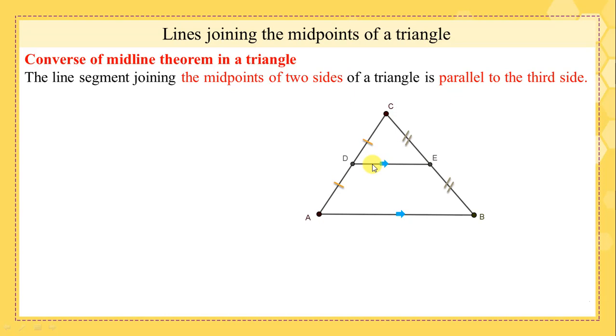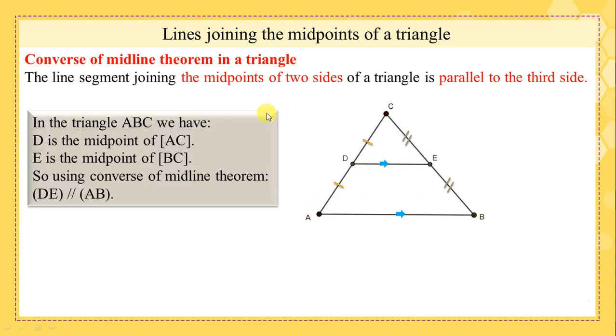As we see here, like in the previous activity, D is the midpoint of AC, E is the midpoint of BC. So here in triangle ABC, using converse of midline theorem, DE is parallel to AB.